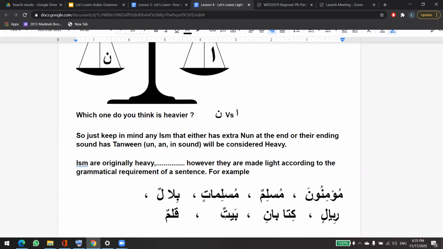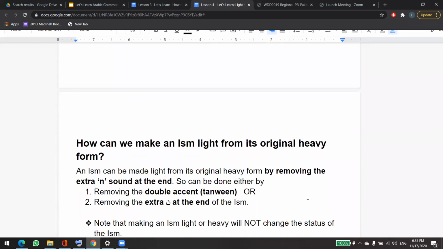Both have extra noon at the end. Kitabani has extra noon at the end. Muminuna has extra noon. So these patterns, una, ina, or ani, aini, are ending combinations that have an extra noon, and we are going to remove those extra noon.